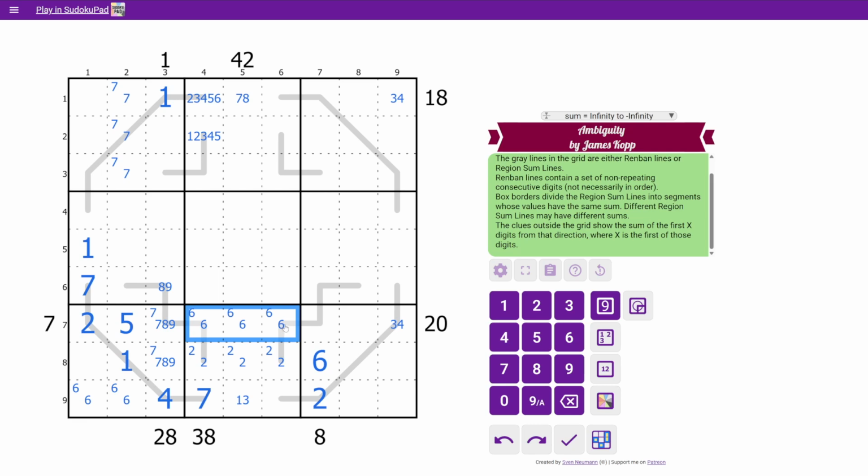I guess that would be okay, though. If it's 4, the 1 could go over here, though. Or there. Alright.